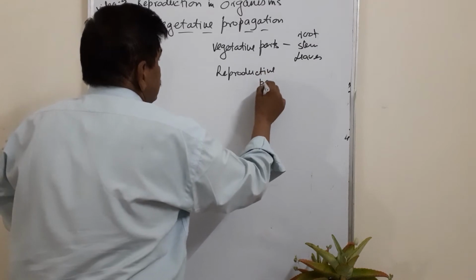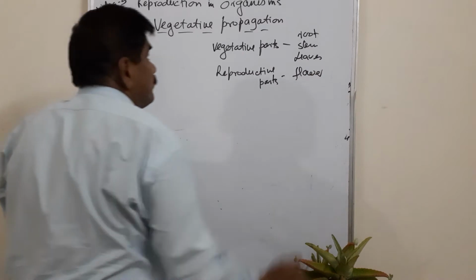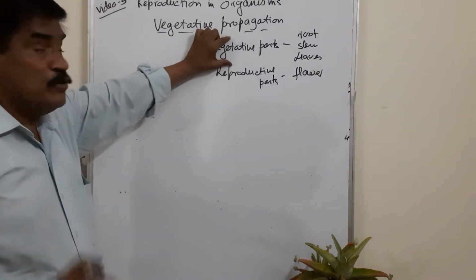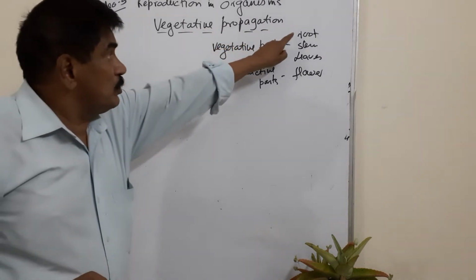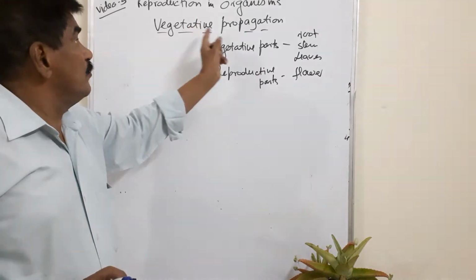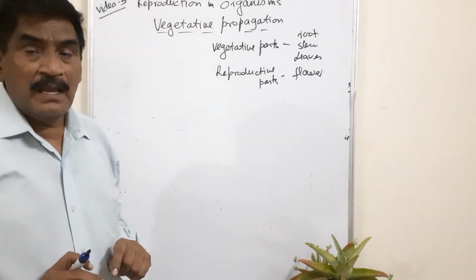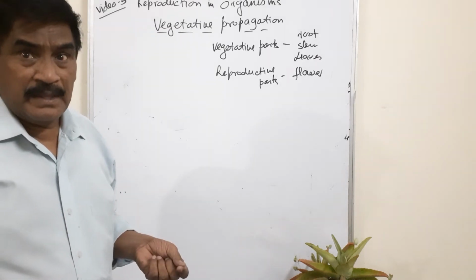Reproductive parts, that is the flower. So when a new plant is produced either from the root or stem or leaf of the plant, it is called vegetative propagation, meaning from the vegetative part of the plant.